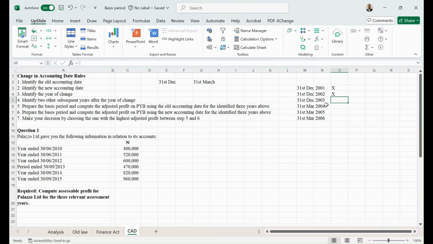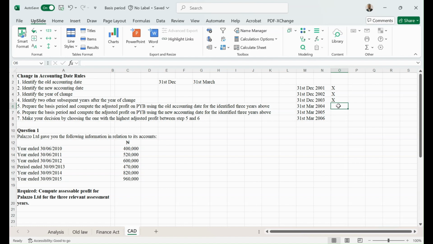In 2003, the old accounting date was also used, so that is not the year of change. But in 2004, even though the period between 31st December 2003 and 31st of March is just 3 months, the question is: do we have a financial statement prepared as at 31st December 2004?